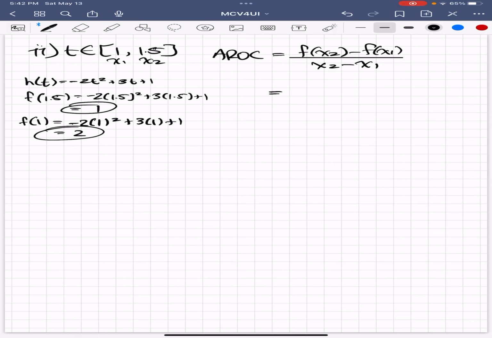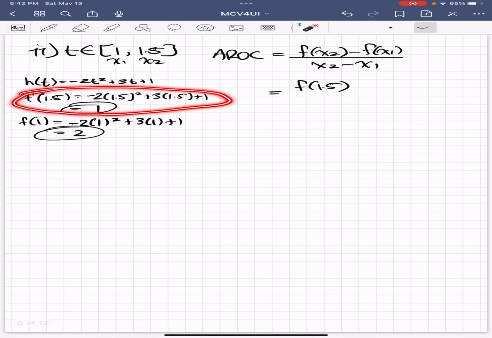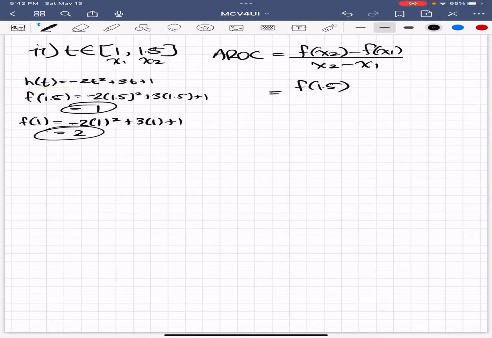So f of x2 is basically f of 1.5. You can see x2 is right there. So f of 1.5, and we calculated f of 1.5 there, minus f of x1. Our x2 is 1.5 and our x1 is 1, so it's 1.5 minus 1.